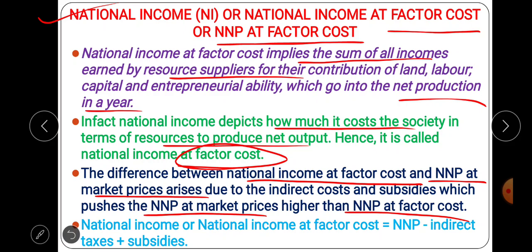And that is why there is a formula to calculate the national income at factor cost, that is NNP, net national product, minus indirect taxes plus subsidies. So, with the help of this formula, we can calculate the national income at factor cost.